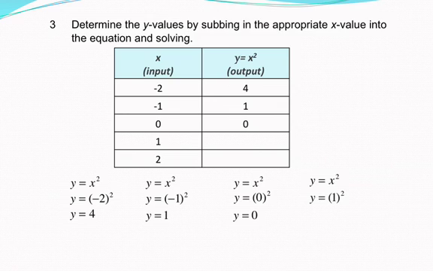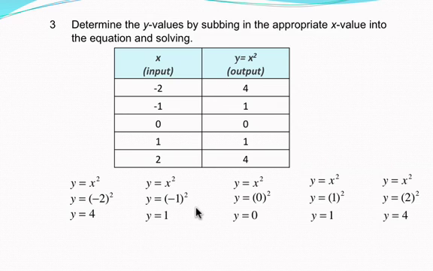Subbing in 1 for x, so we've got 1 times 1 is 1. We place that into our table of values, and now we're going to sub in 2 for x, and 2 times 2 is 4. And place that into our table of values.